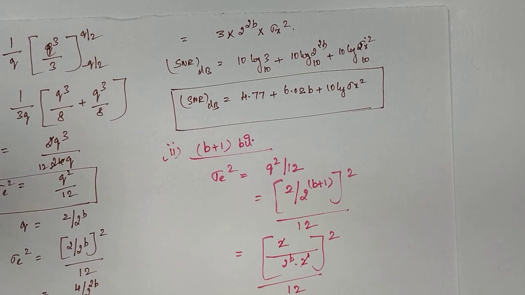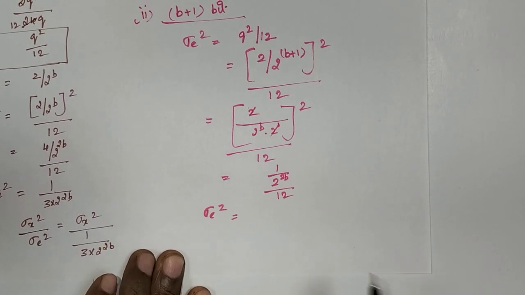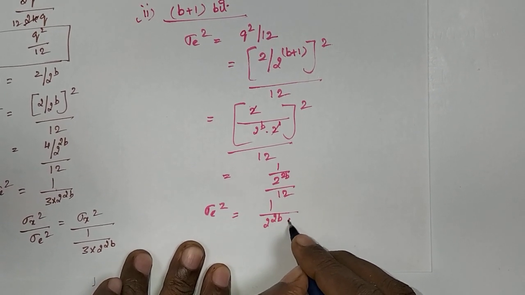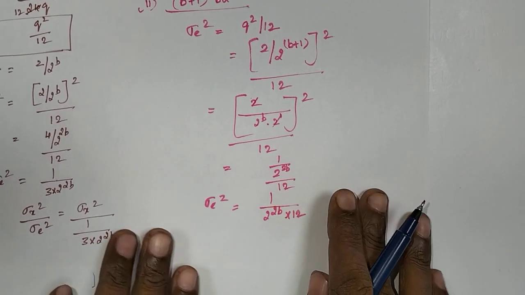So it is the same thing. Sigma e square is equal to 1 by 2 power 2b into 12.